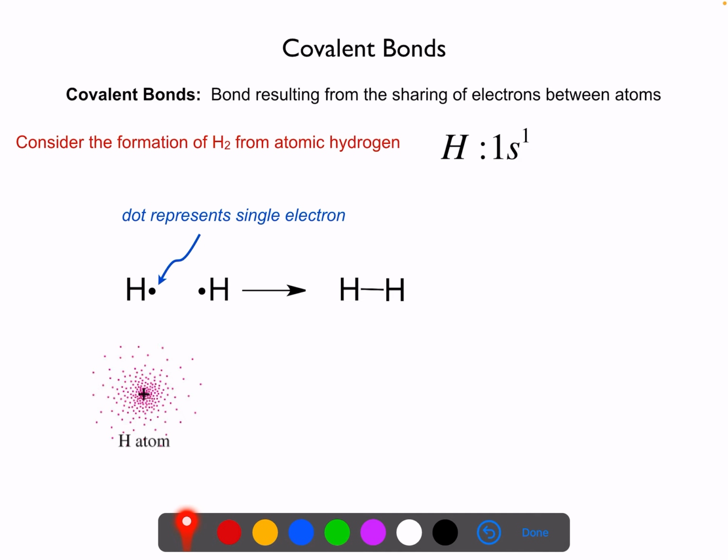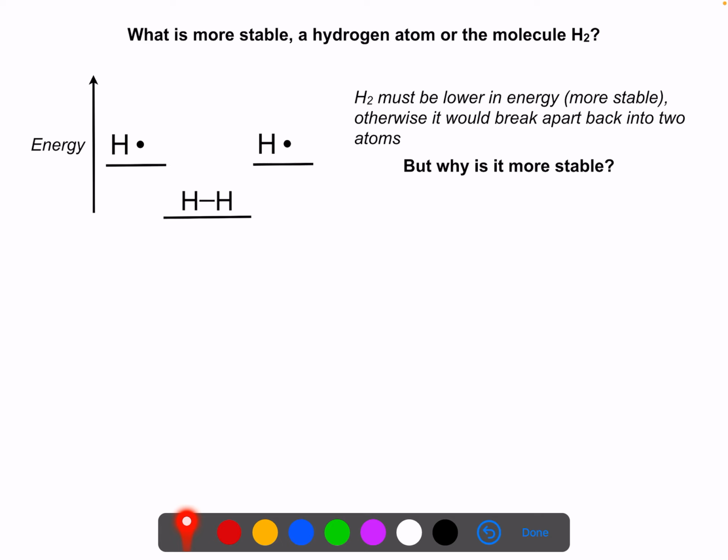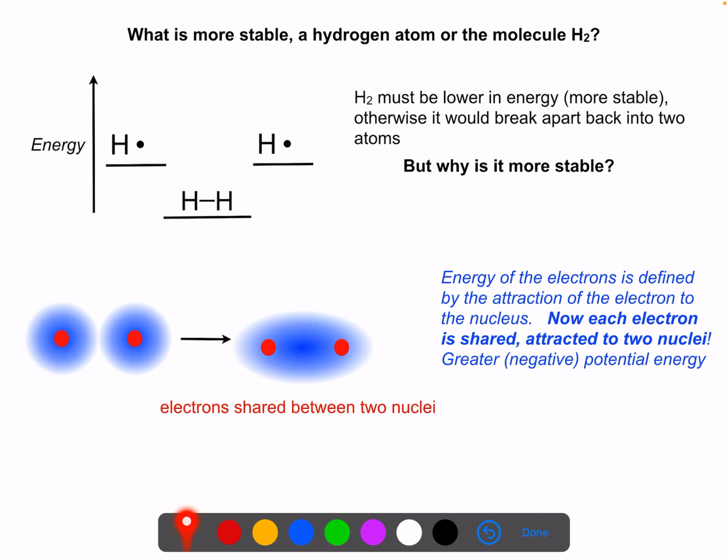But why is it more stable? Why is it that this covalent bond is more stable than the electrons in a 1s orbital? In order to think about that, we have to think about what's happening. We have two hydrogens, each with their own 1s electron attracted to it. The key of this covalent bond is that each electron is now shared, or attracted, to two nuclei.